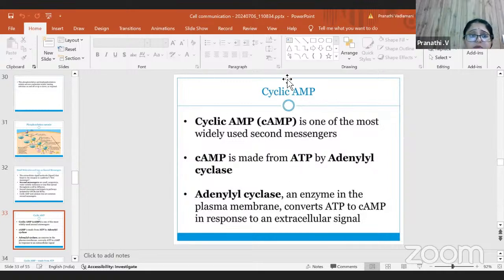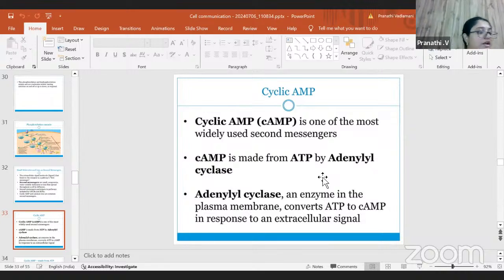The cAMP pathway is very important, and we will have a look at it later. cAMP is cyclic AMP. ATP has two phosphate bonds released and becomes a cyclic form, through adenylyl cyclase. This is one important pathway that we will see in some time.